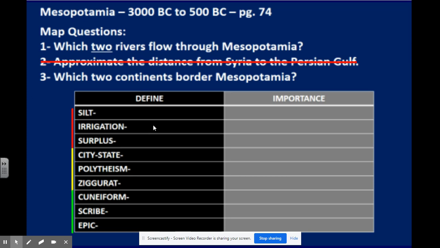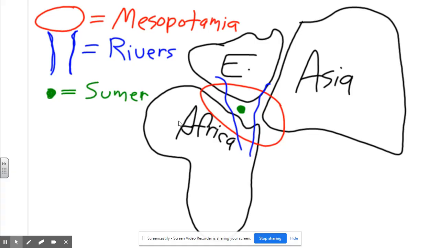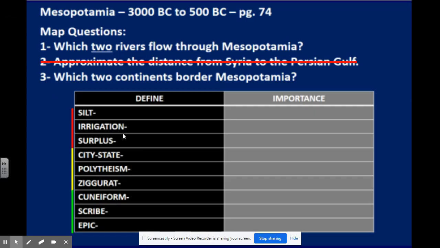And this would make sense because, although we've not talked about it a whole lot, within these regions there is actually a lot of desert, depending on where you're at. So when you get into this Mesopotamian area, it would make sense that they're going to build some kind of system, an irrigation system, to deliver the water from the river to the crop. So again, this is going to play right into your importance. All right, let's keep going.